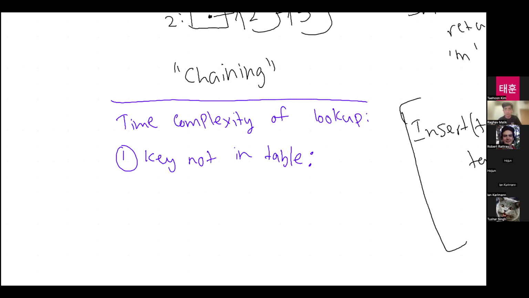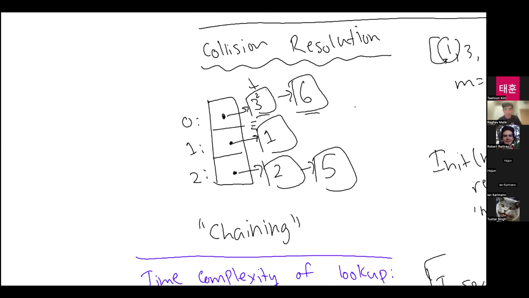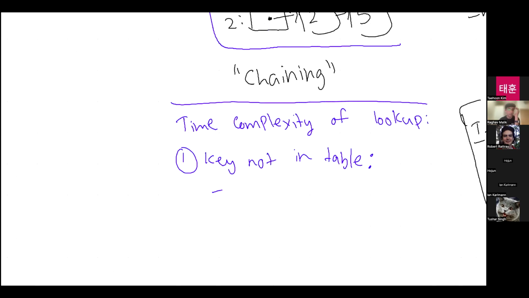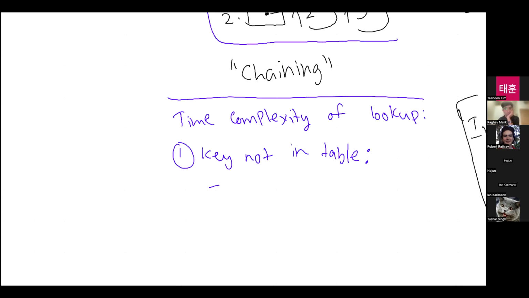So maybe for example, if I look at this table and I try to do a lookup of the key 4, I traverse a whole list. Which list do I traverse? Yeah, exactly.